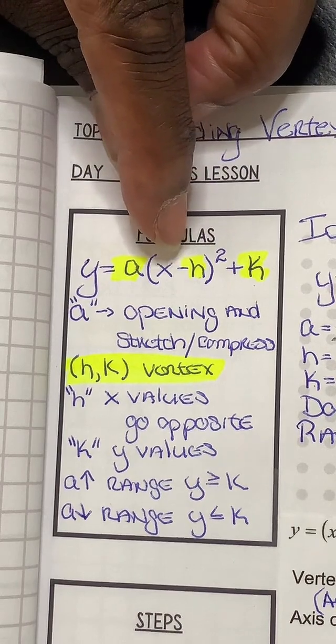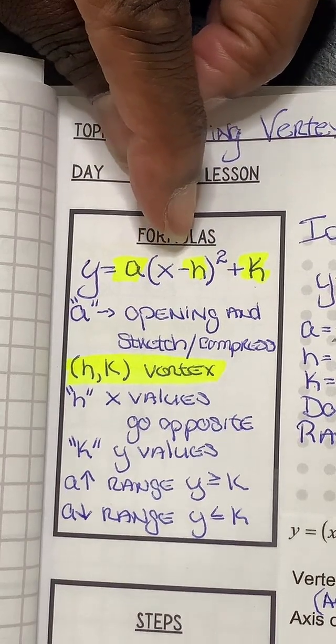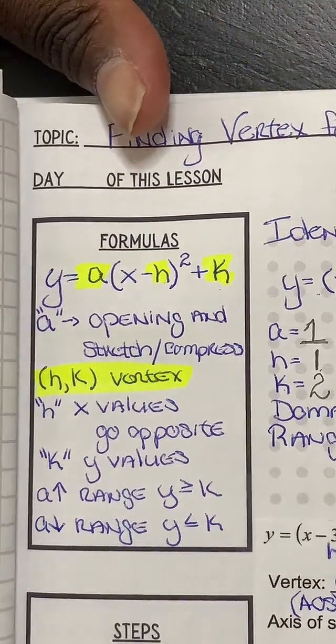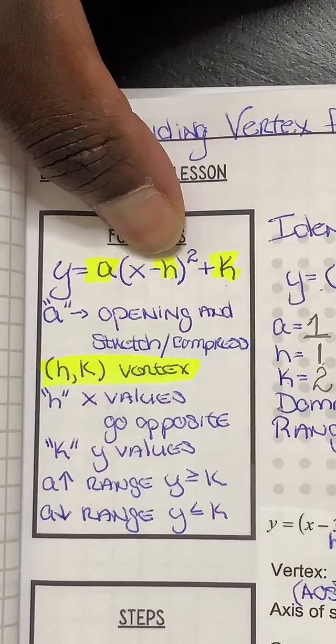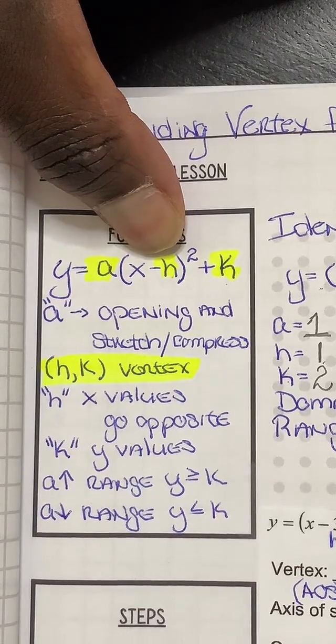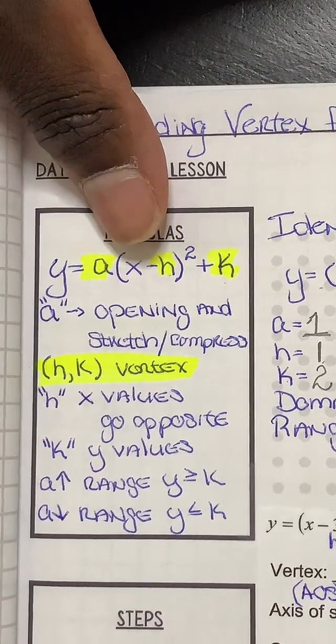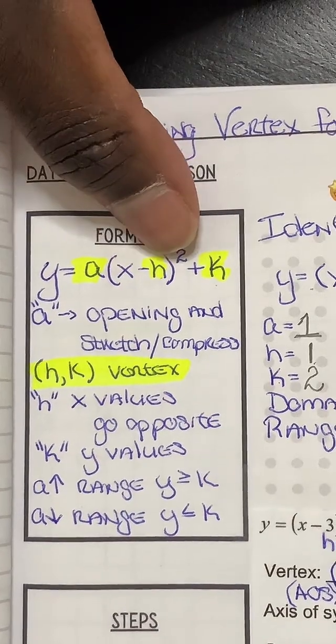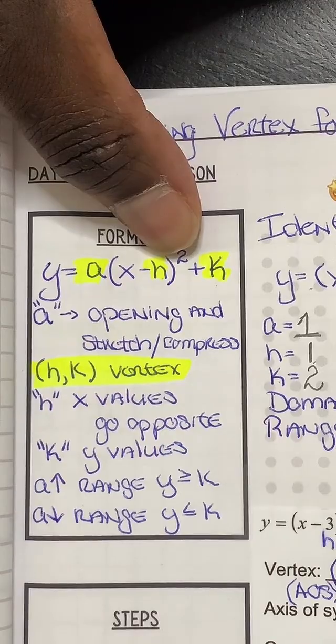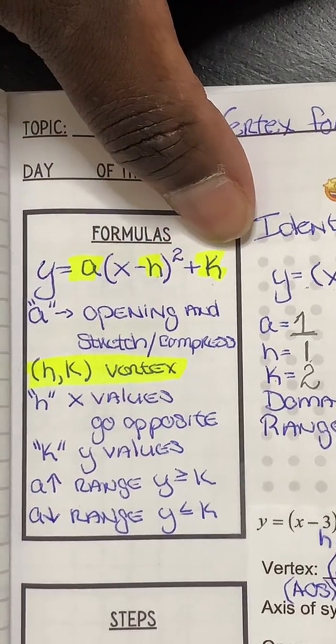What's inside the parenthesis, you always do opposite sign. So if you see a minus, that means the sign of your h value for your vertex is going to be plus. If you see a plus, that means the value for your h is going to be minus. But the k will stay the same sign.